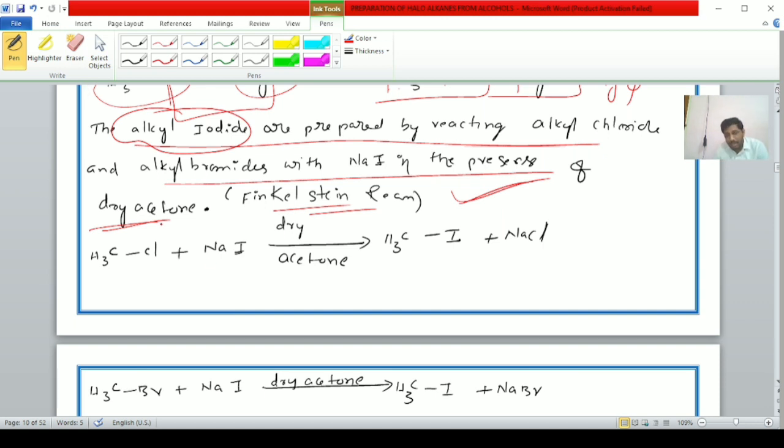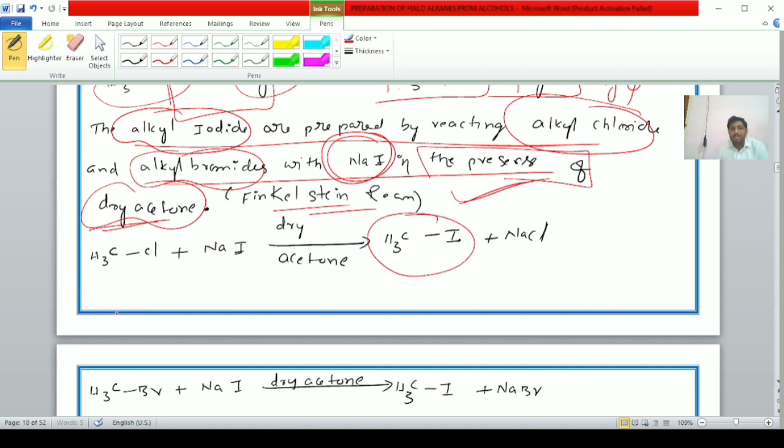We know that alkyl iodides are not possible to prepare that way, but these alkyl iodides are prepared by reacting alkyl chlorides and alkyl bromides with sodium iodide in the presence of dry acetone. This reaction is known as the Finkelstein reaction.